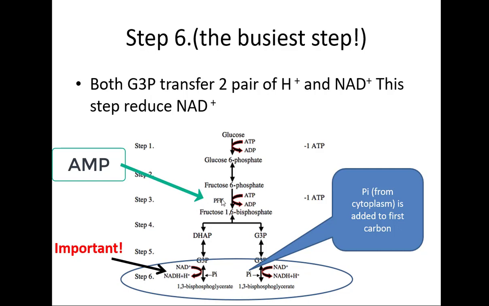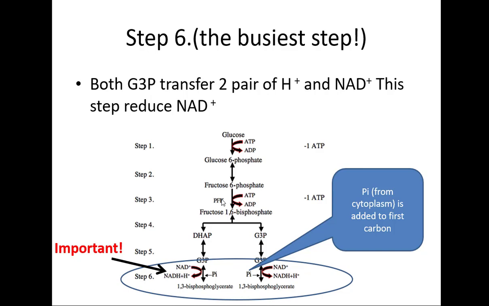Does it make sense? So this is why AMP activates glycogenolysis as well as glycolysis. How can we say that? Because AMP activates phosphorylase of glycogenolysis, and AMP activates PFK, because PFK is the most important enzyme of glycolysis. So this is an important part.